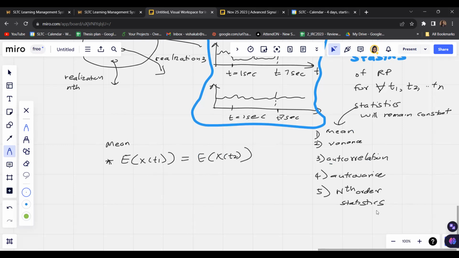So X(t1) and X(t2) are random variables, this one defined for time instance t1 and this one defined for time instance t2. So the mean value defined for t1 is equal to the mean value defined for t2.